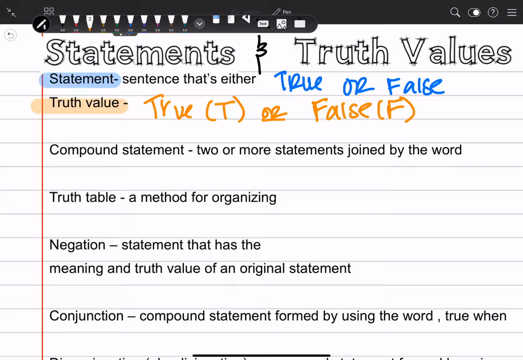Now, a compound statement. That one's kind of like a level up of the actual statement, but it's just two or more statements joined by the word and or the word or. All right. And we are going to be using symbols for those, but you won't see those until a little bit lower.